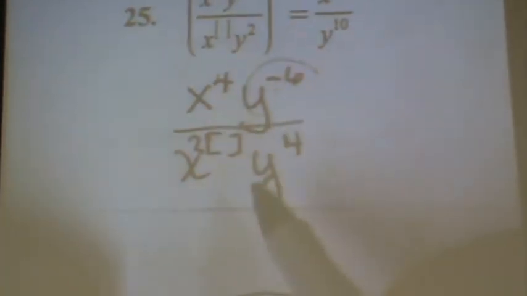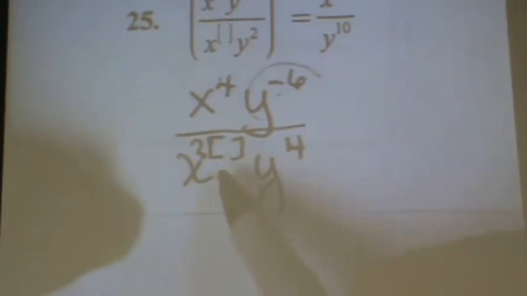And you've got, what could you make this so that when you bring it up here, you're going to end up with x to the 12th? So you've got 2 times something, so you have 4 minus, you're going to subtract these 2 right here.